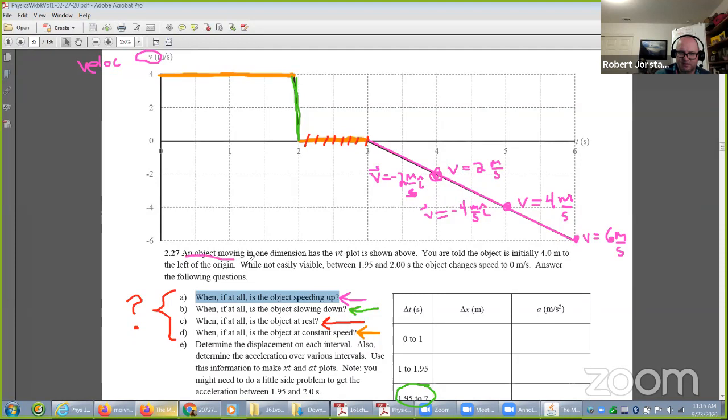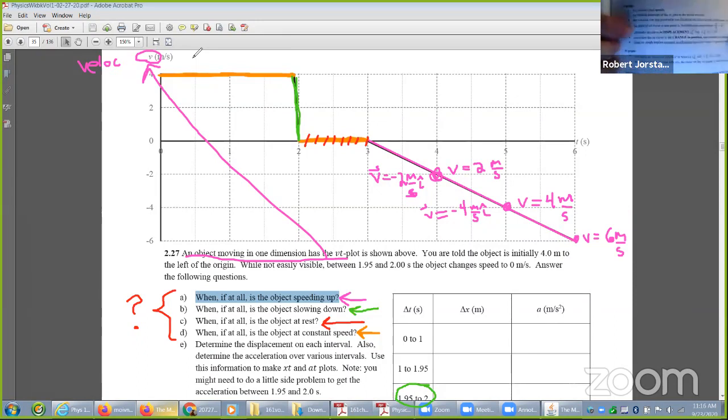It says it's moving in one dimension, and you're supposed to know this. That's something you're supposed to just know from that list on page 31. That's just a fact you're supposed to know.